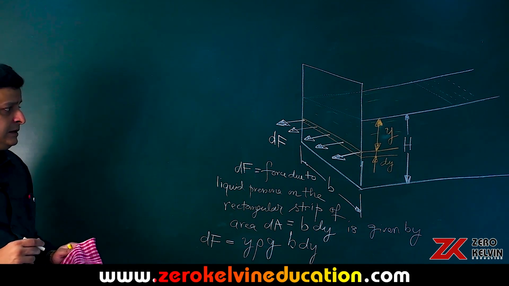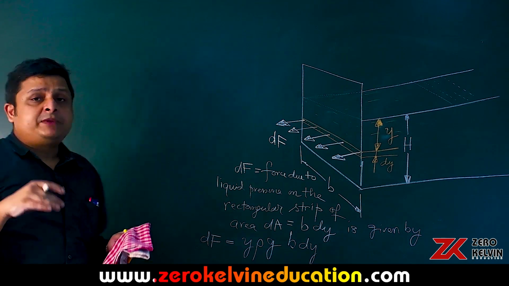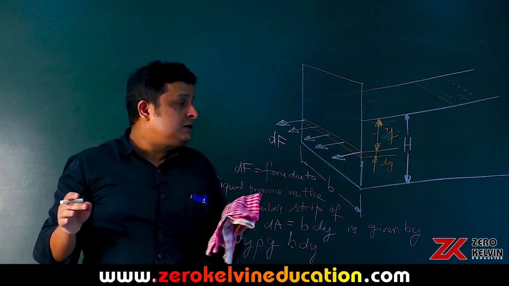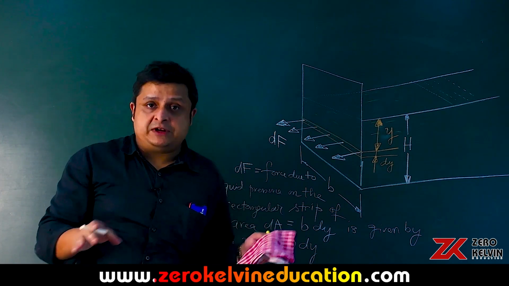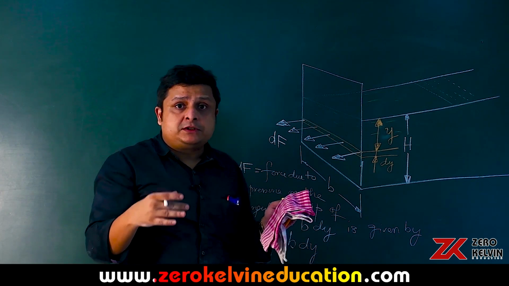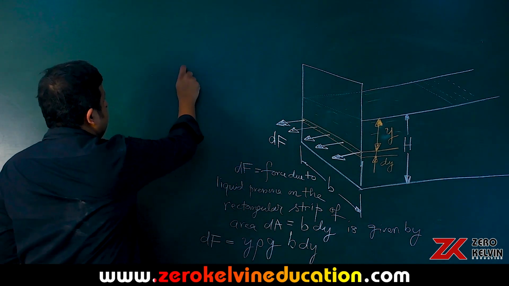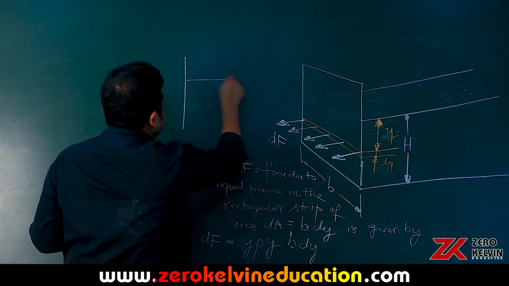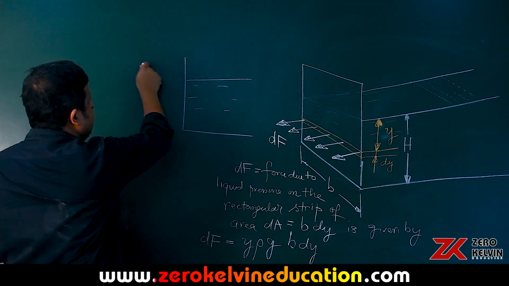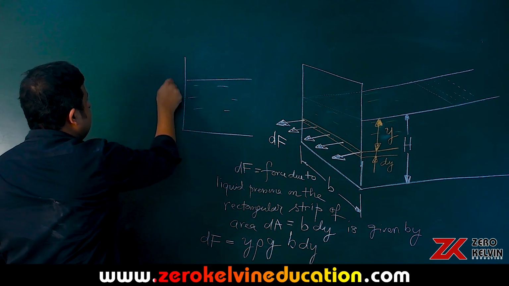See, this pressure Y rho G is the pressure solely due to the weight of the liquid. We are not taking into account the atmospheric pressure, right? If you calculate the absolute force, it will include atmospheric pressure. But if you look at the wall, the atmospheric pressure acts from the left side also and the right side also.